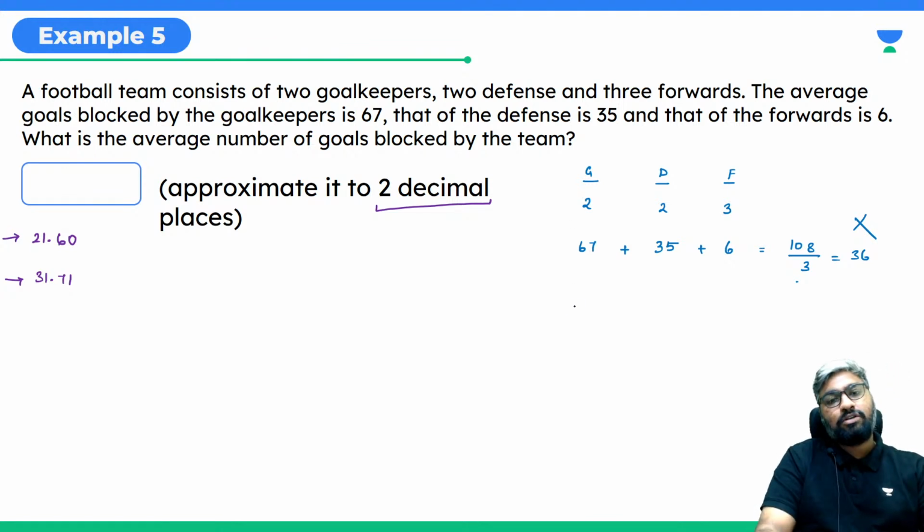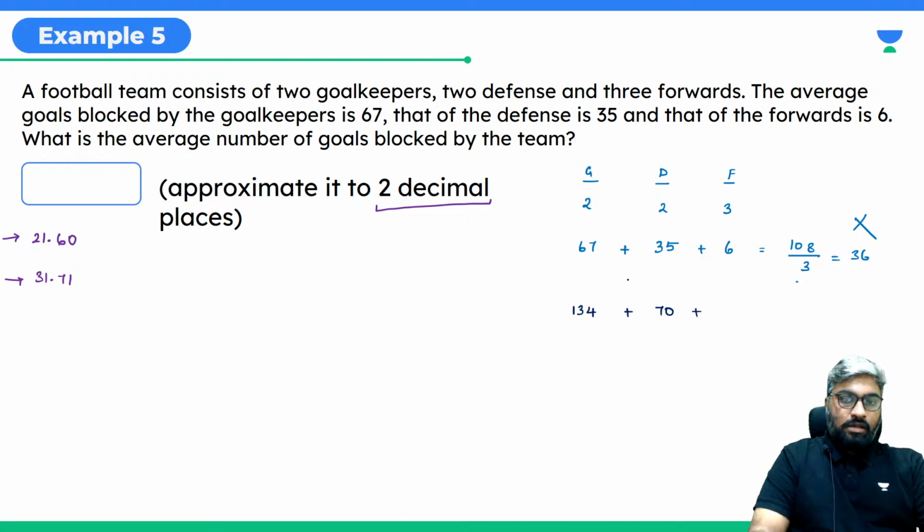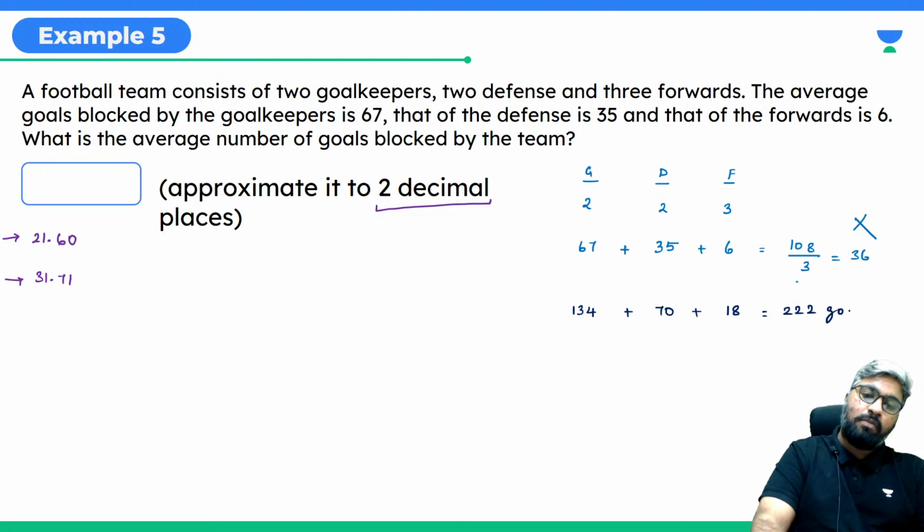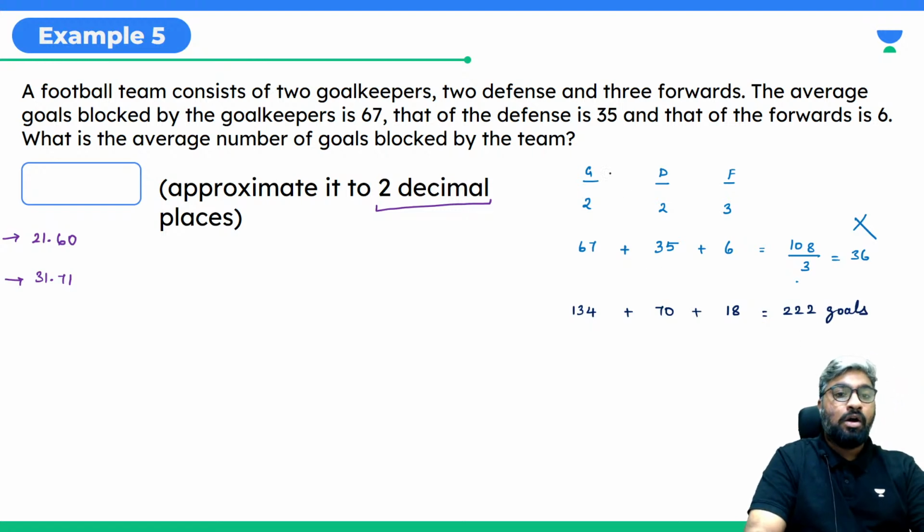So 67 into 2, 134 goals were blocked by the goalkeepers, 70 goals were blocked by the defense, correct? Yes, and 18 goals were blocked by the forwards. Yes, so total of 222 goals were blocked. By whom? All 7 of them. Understood, guys? I hope you are able to understand.